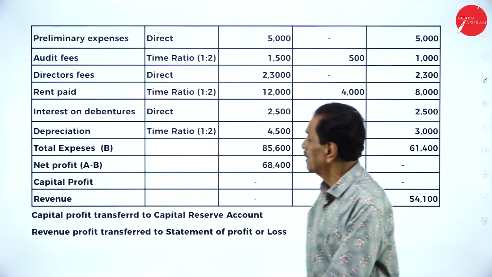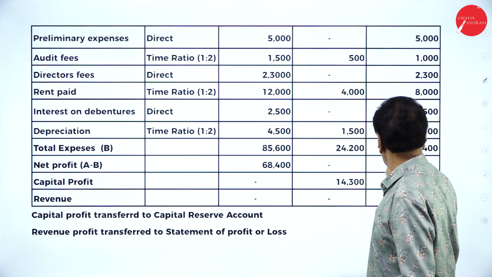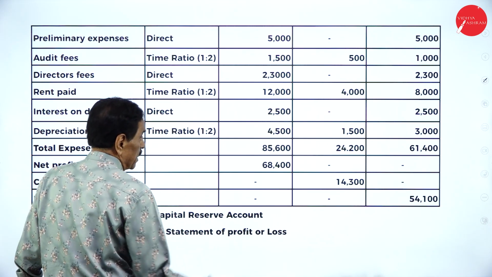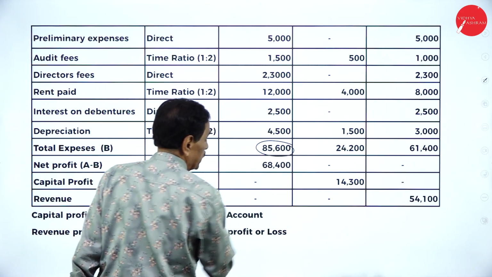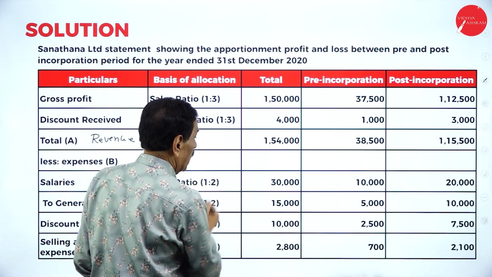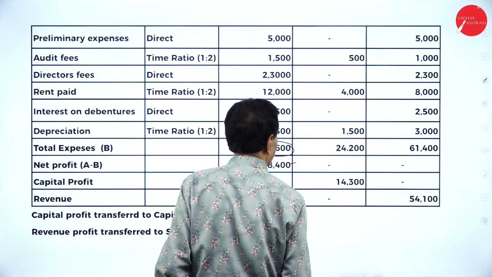Depreciation based on time ratio 1:2. 4,500, 1,500, 3,000. If we add all these expenditures, it comes to 85,600. Then your total 1,54,000 minus 85,600 means 68,400.